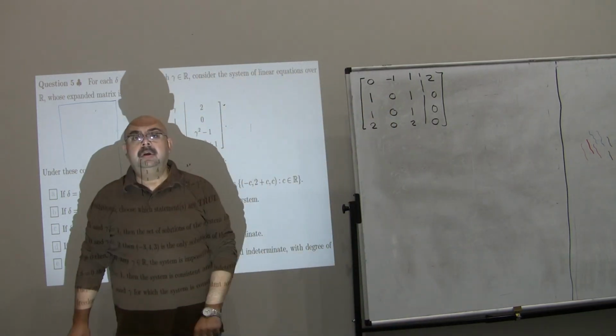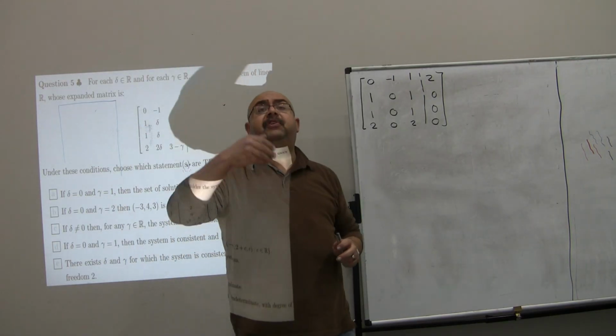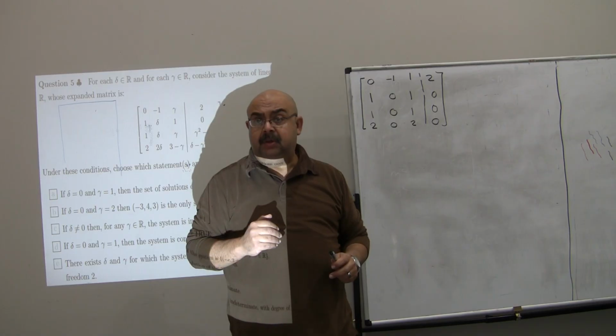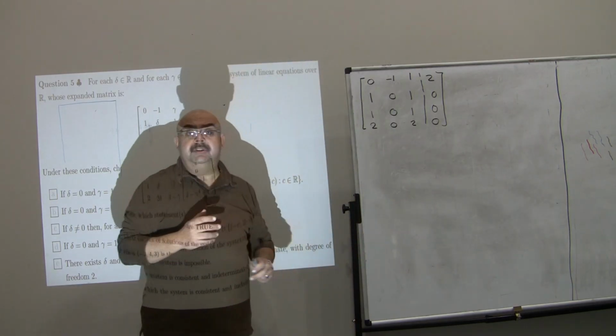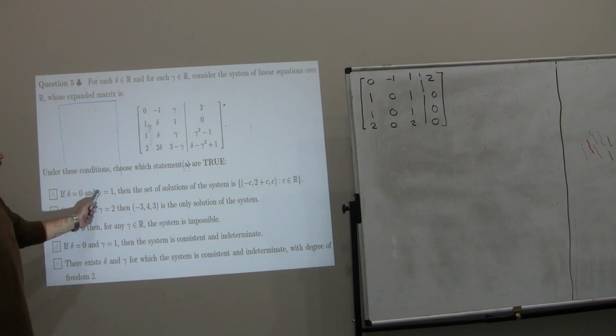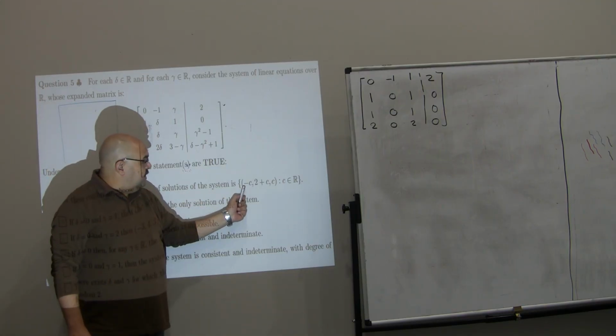Am I right? Okay. Now you have a system which is called over-determined system. Over-determined system. ليه بيطلق عليه over-determined? How many variables يا فريد؟ But how many equations? 4. Okay? طيب هو بيسأل if this system set of solution is gonna be negative c 2 plus c and c.